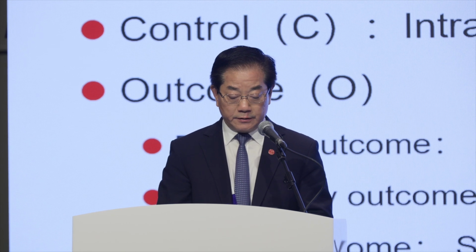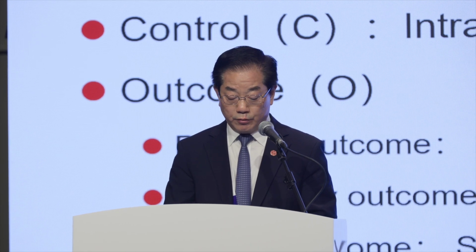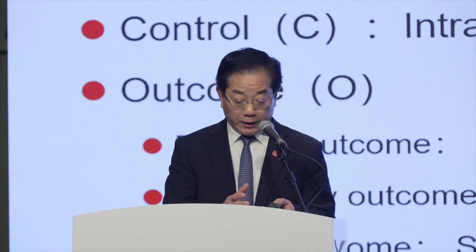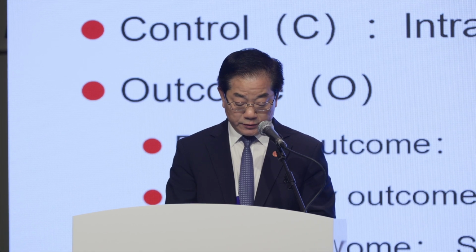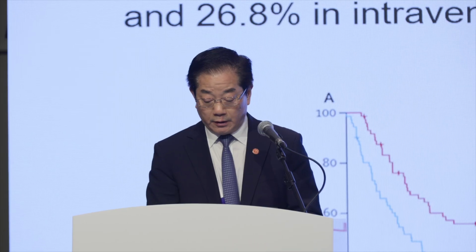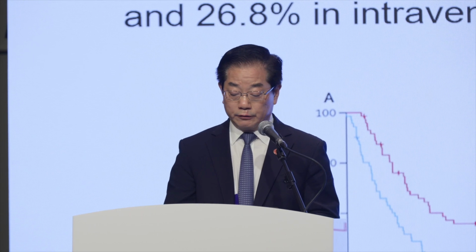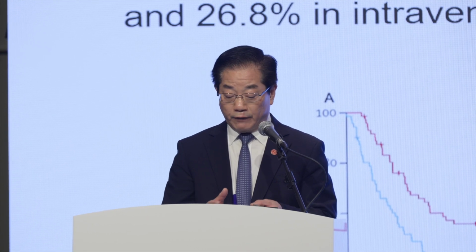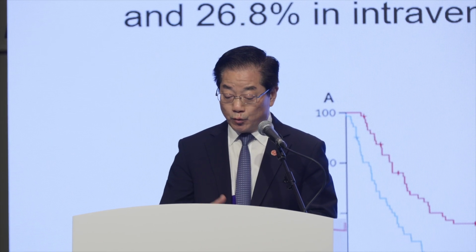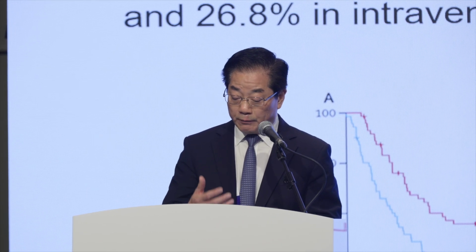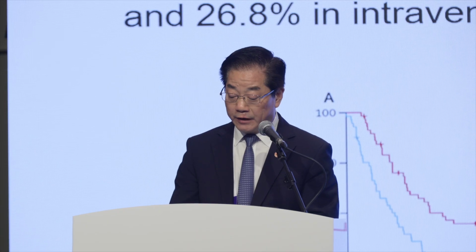This is the study protocol, and the primary outcome is the 2 year progression-free ocular salvage rate. A total of 143 patients were enrolled and randomly assigned to the IAC and IVC groups.